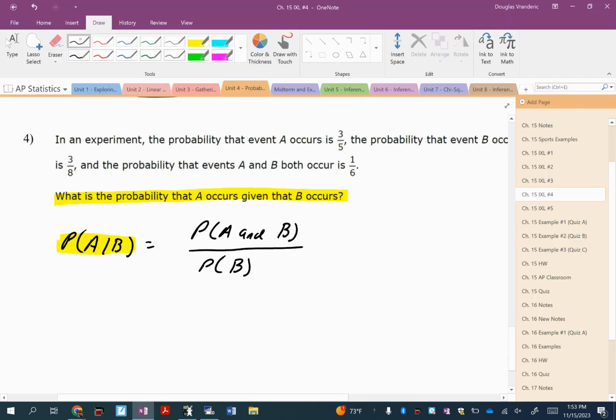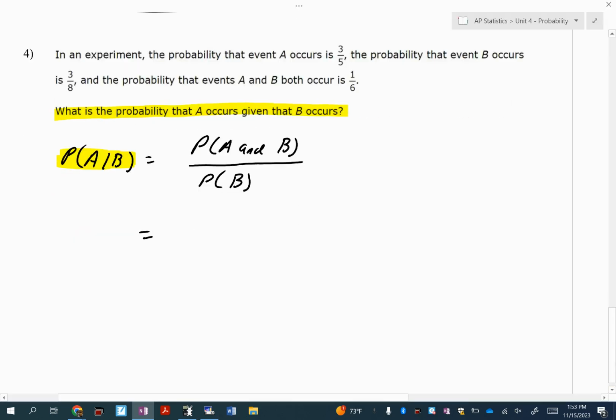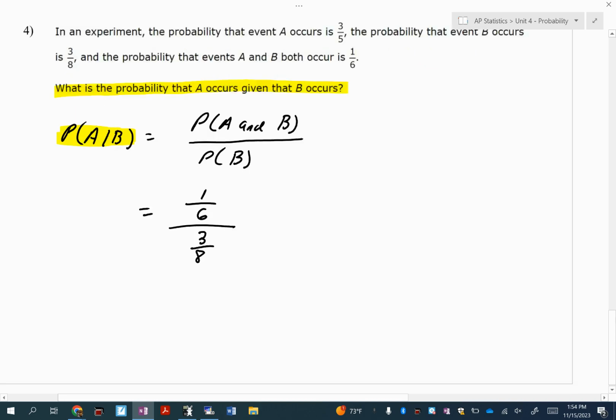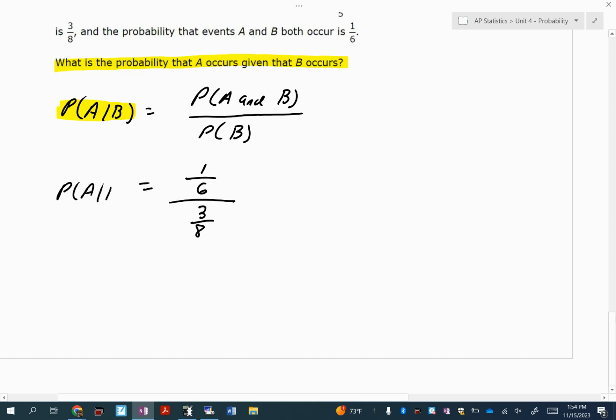Did they give me the probability that both are occurring? They did, 1/6. Did they give me the probability that just B is happening? What is that? Nice. Now here, I am going to make that look a little nicer. That is a complex fraction. So I'm going to write this as 1/6 divided by 3/8.